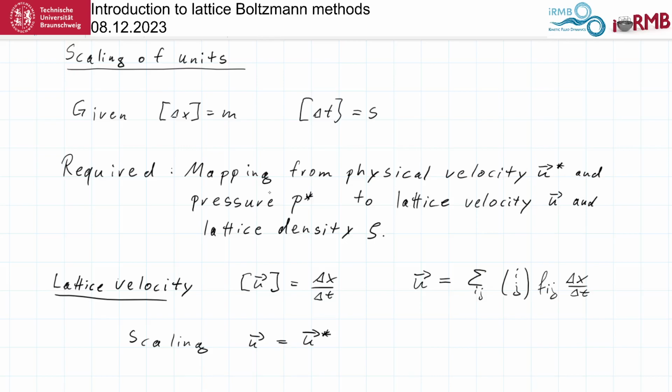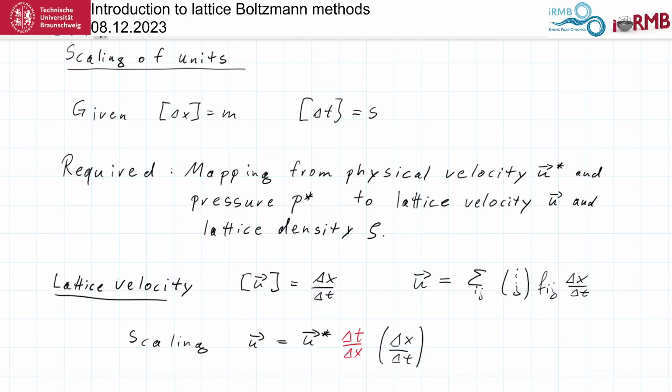We just have to replace the units, and what I'm going to do is I write here in red, delta t by delta x, times delta x by delta t.